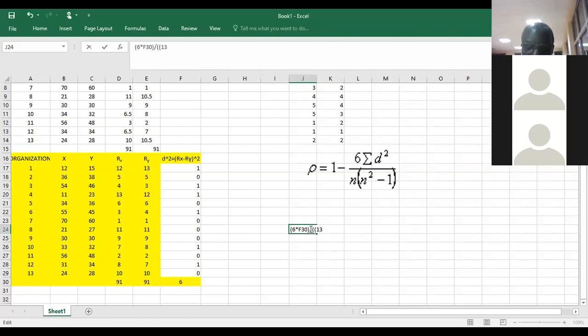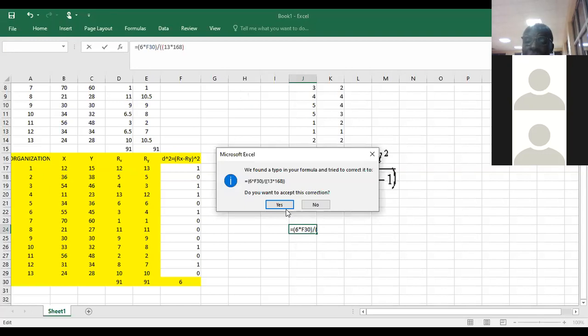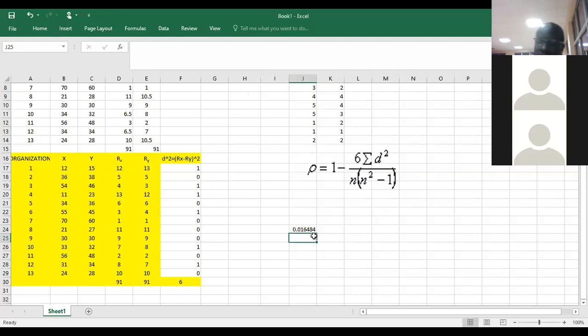So it's 13 times 168, and that is that. Then what do you do with that expression? You subtract from 1. 1 minus this. What is the value? 0.98. Strongly positively correlated.